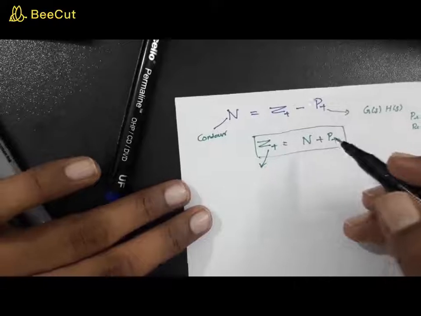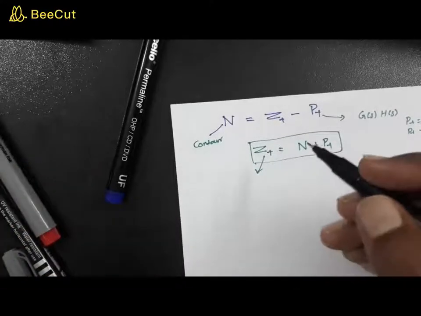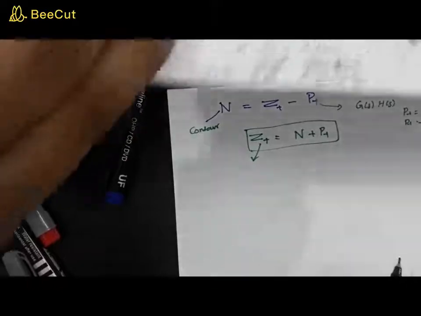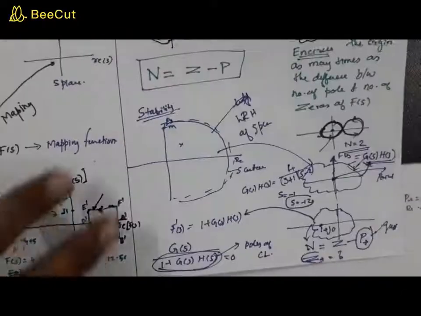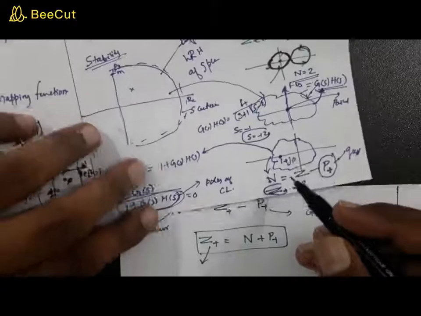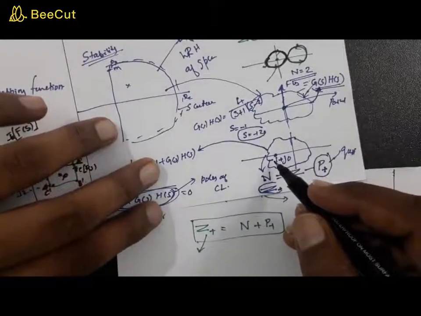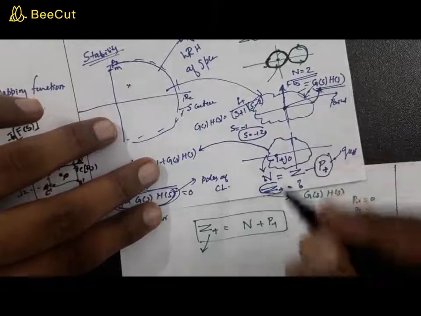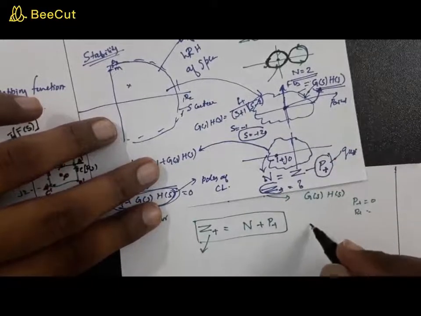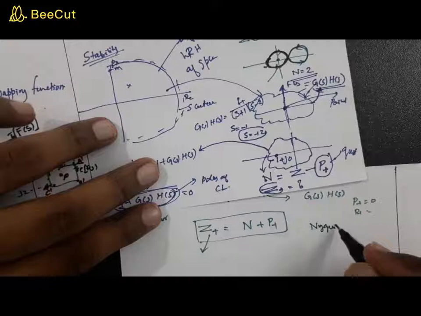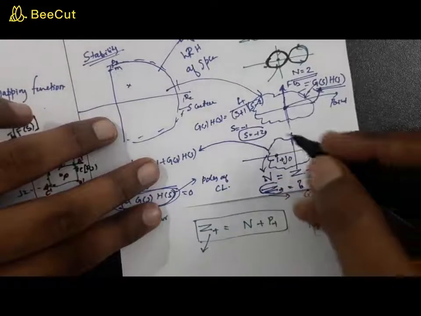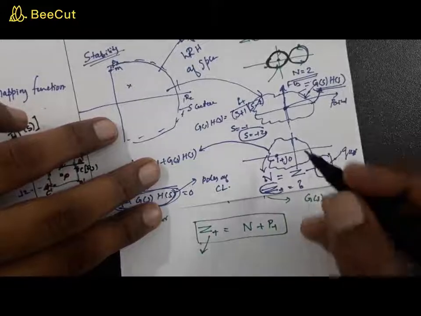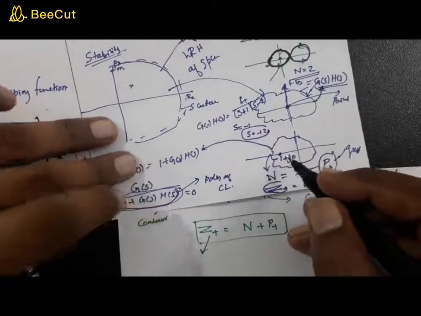Now we know that this is the Z plus that we have derived from the contour, and this encirclement is actually the encirclement around minus 1 plus j0. And this is what is called the Nyquist criterion, that is, to find the number of encirclements around minus 1 plus j0. Now why do we need minus 1 plus j0?